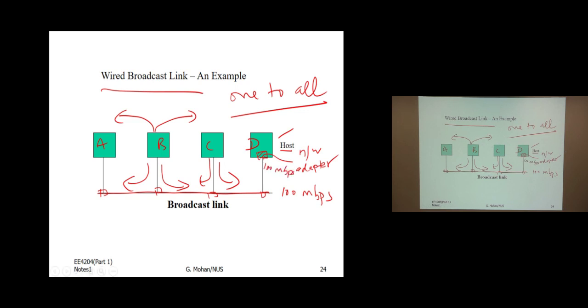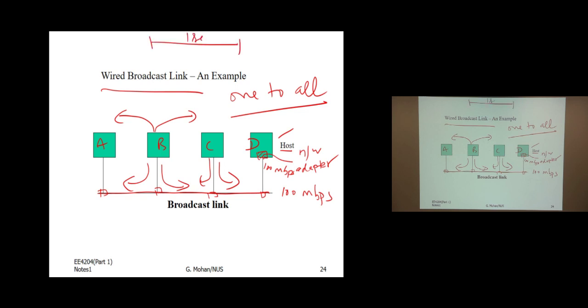The meaning is that when a computer wants to transmit, it transmits at the rate of 100 million bits per second. But a computer may not be transmitting all the time. Sometimes computer A transmits, sometimes B, sometimes C. So you take 1 second of time.